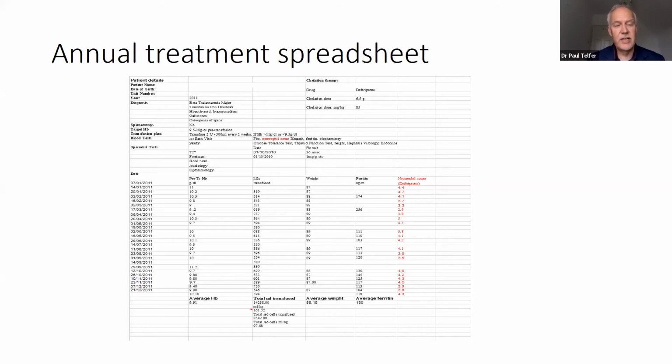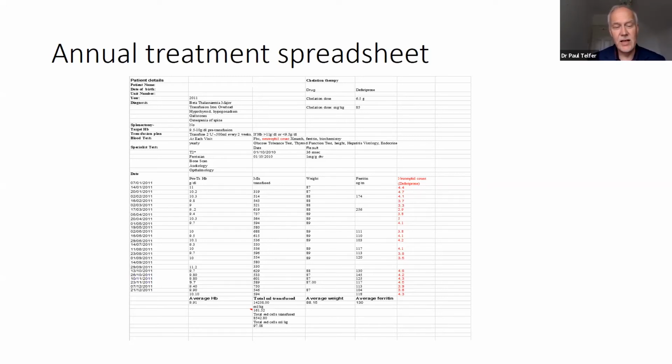But it also enables you to record their pre-transfusion hemoglobin level, the volume of blood they've been given at each transfusion, their weight and their ferritin, and also to monitor for the side effects of iron chelators, for instance, neutrophils if they're taking deferiprone.